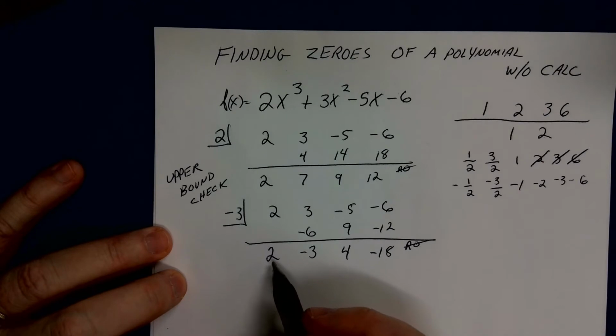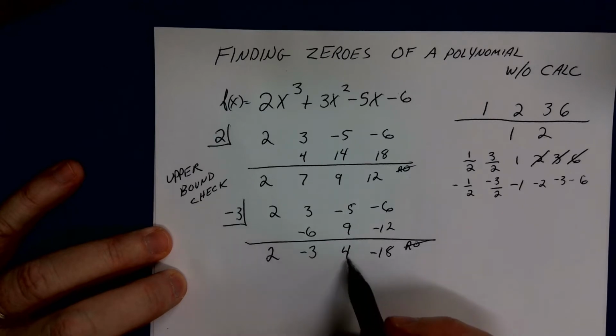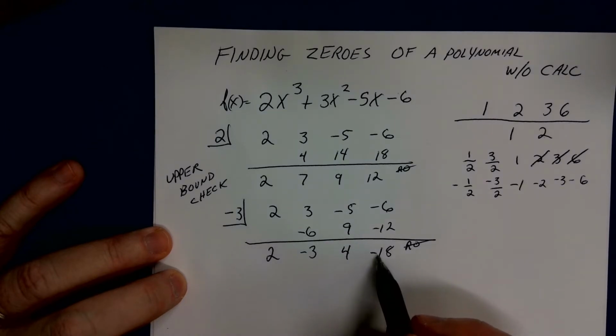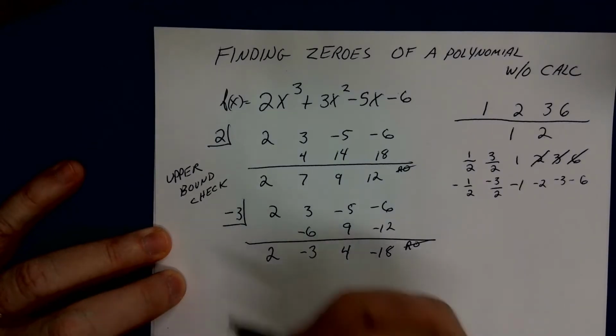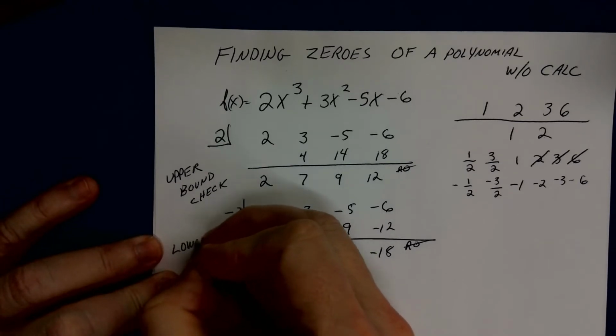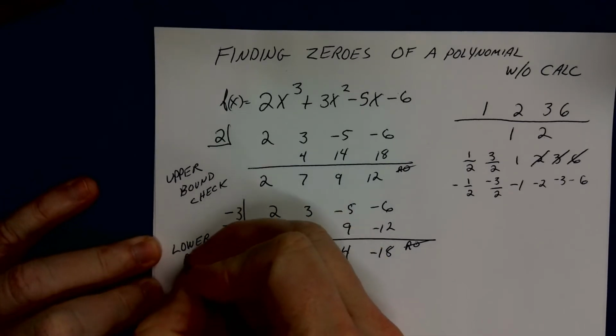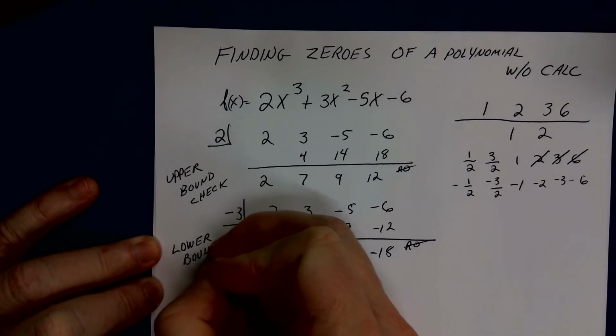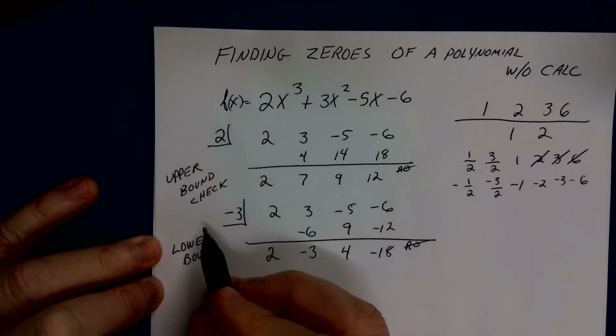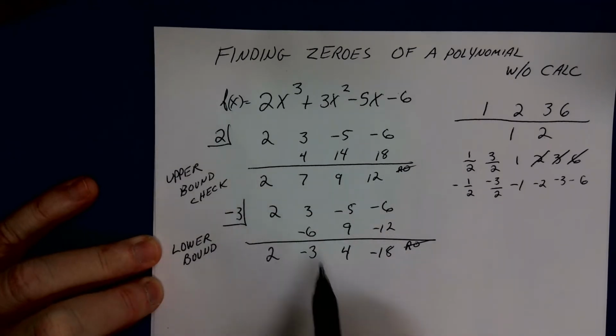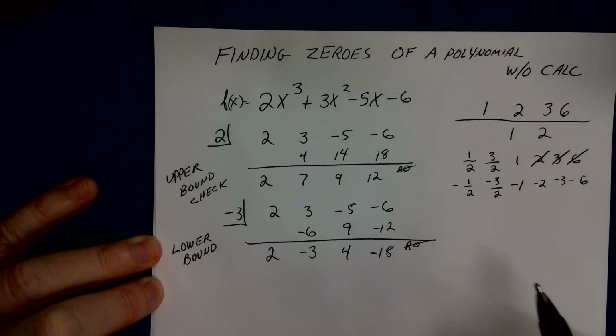However, I can check this, and I can see that this number is not negative, this number is not positive, this number is not negative, and this number is not positive. So that's the check for something called a lower bound. And a lower bound means that there's nothing below -3 if they alternate between non-negative and non-positive numbers, or non-positive, non-negative numbers, whichever way you want to say it.